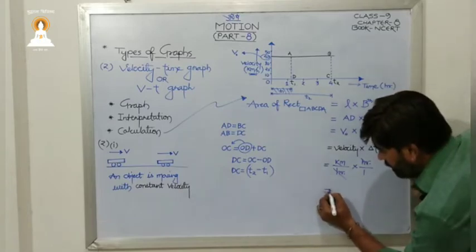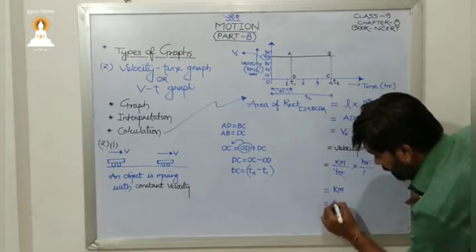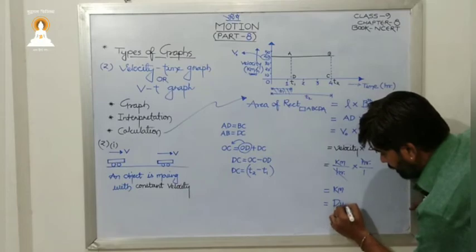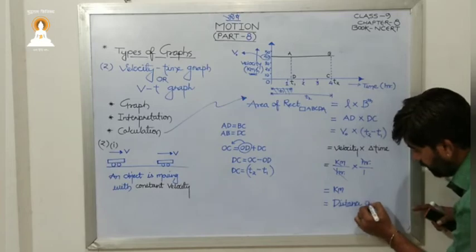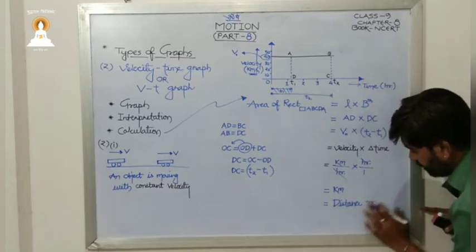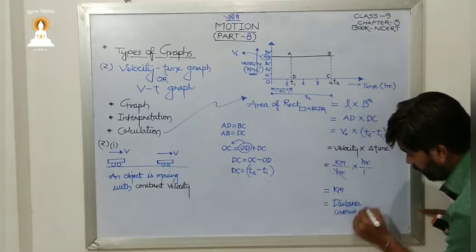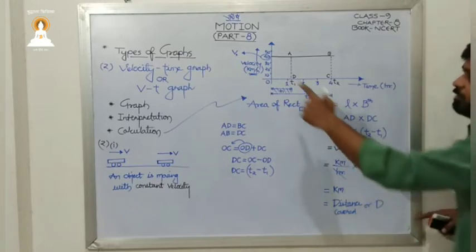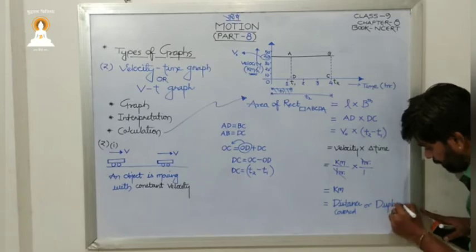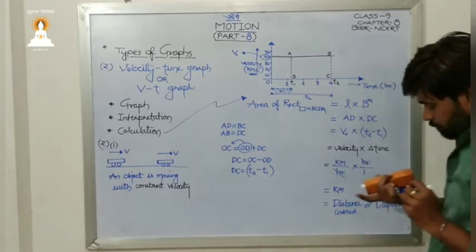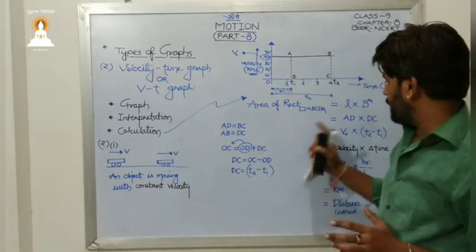So finally we are remaining with kilometer, and kilometer is nothing but distance, or distance covered, or displacement. As we are using velocity, that's why we will say displacement. So this is the displacement.